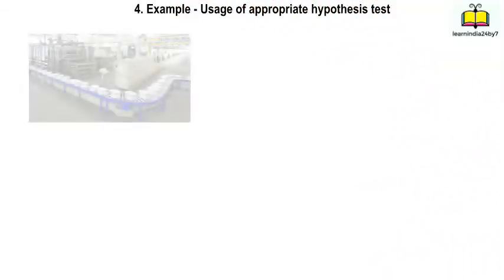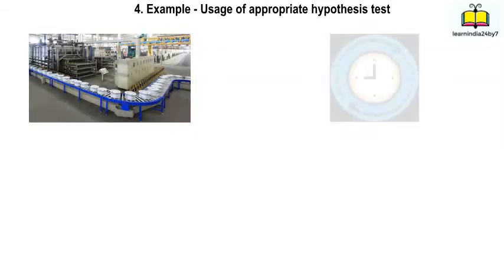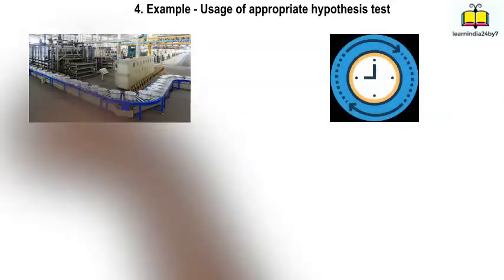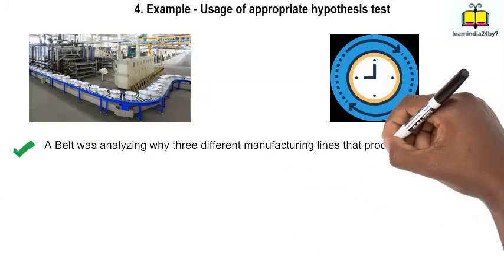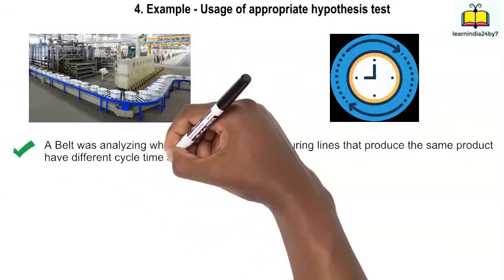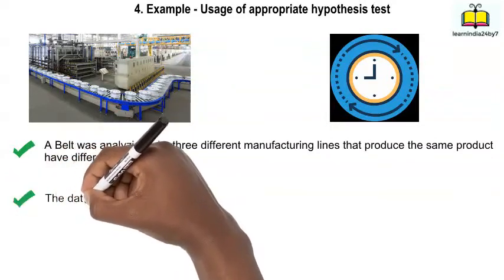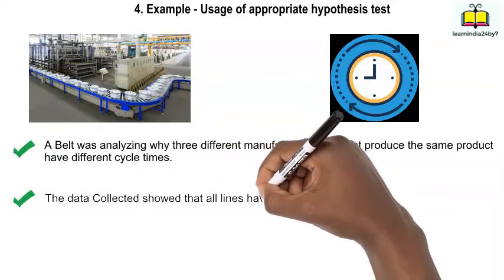Let's understand this case with one example now. A belt was analyzing why the three different manufacturing lines that produce the same product have different cycle times. Data collected showed that all lines have normal variation.